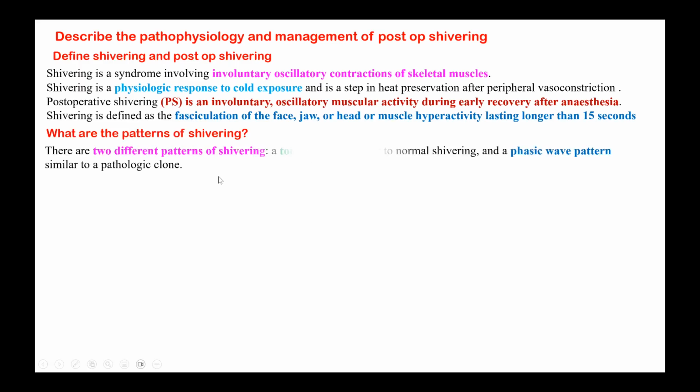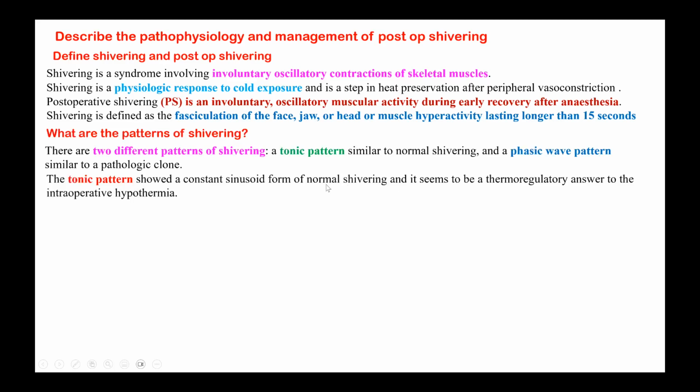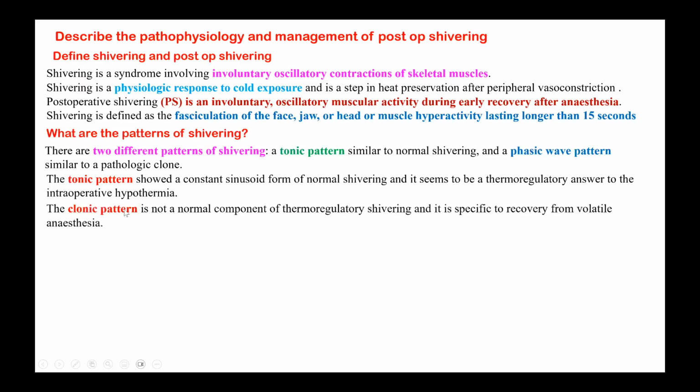And there are two different patterns. One is called the tonic pattern, which is mostly thermoregulatory, and the other is the clonic pattern. So tonic-clonic, just like your seizure activity. In the tonic pattern, it is more of stiffness, whereas in clonic, jerky movement will happen.